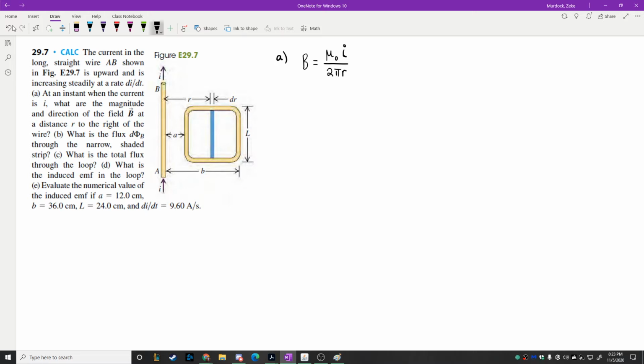In this case, if the current is flowing up, what direction would the magnetic field be right here where this blue strip is? If the current in the wire is flowing up this way, what's the direction of the magnetic field in the region where this loop is? Is it into the page or out of the page?